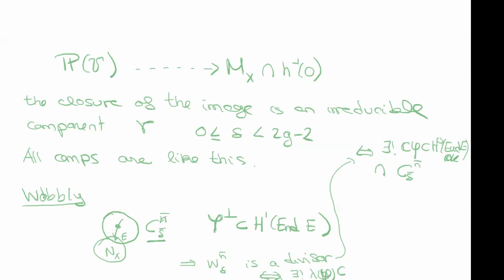Okay. And using this, they can see that W_{1,1,δ} is a divisor if δ is at most g minus 1.